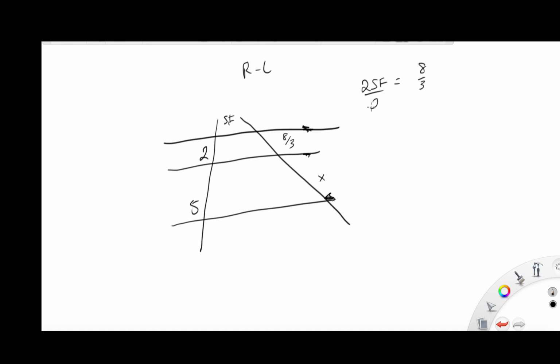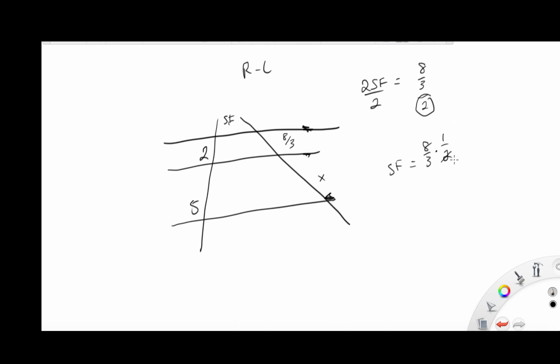I divide by 2. Now, how do I divide a fraction? Well, if you remember in algebra, we flip this fraction and multiply. So really, my scale factor is equal to 8 over 3 times 1 over 2. And that's exactly what you see in this problem.